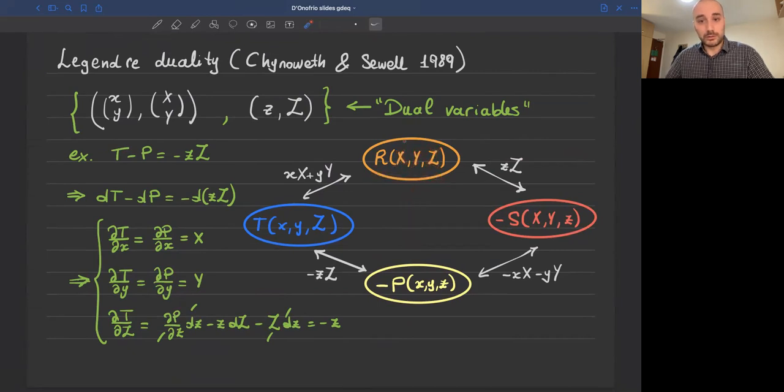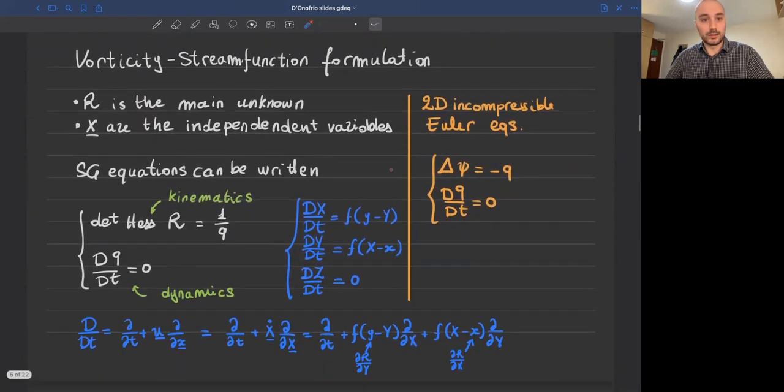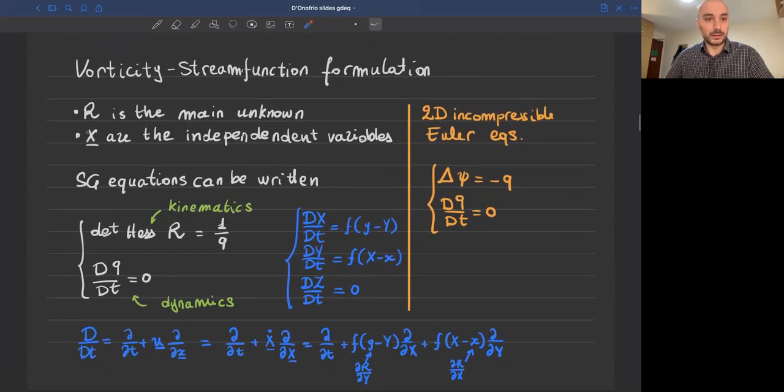If we choose that as our main variable, so that the capital X variables are the independent variables now, we are able to write the semigeostrophic equations as just these two equations, which are very similar to these ones, right?